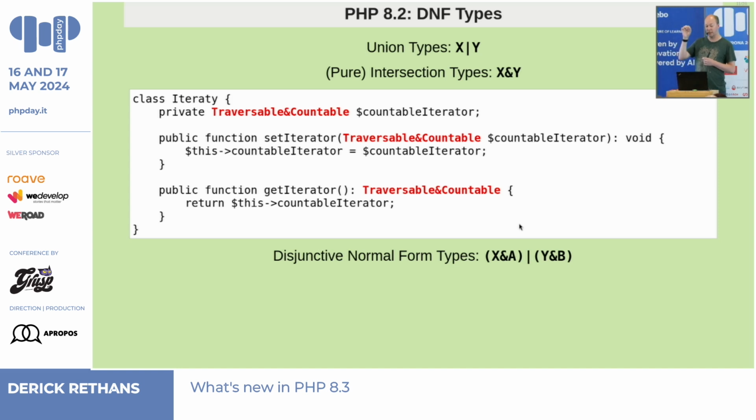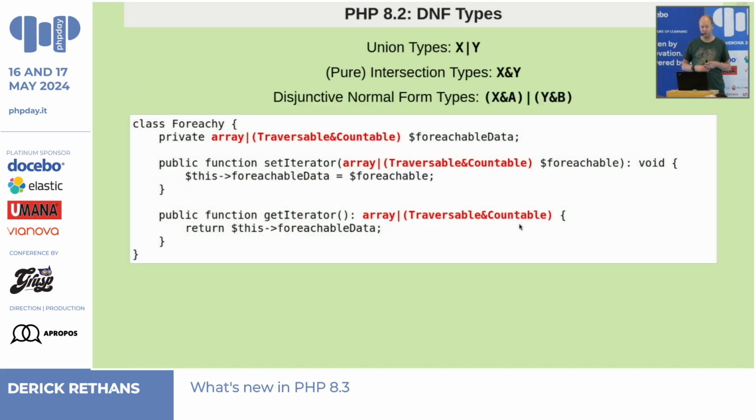So in this case, the countable iterator had to be traversable and countable at the same time. Now you can see where this is going. In PHP 8.2, we then introduced the last one, which is called disjunctive normal form types. That's a long word to pronounce, so we like to call that the DNF types instead, which is a combination of unions, or a union of intersections, I should say.